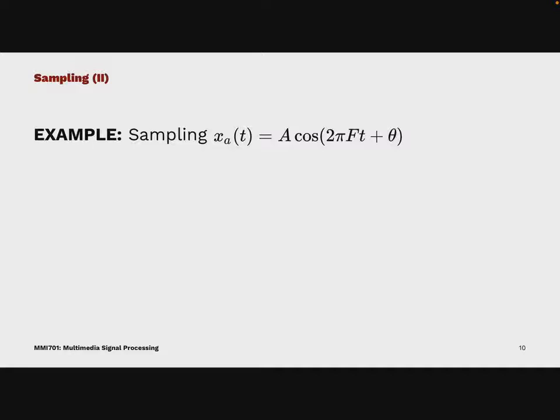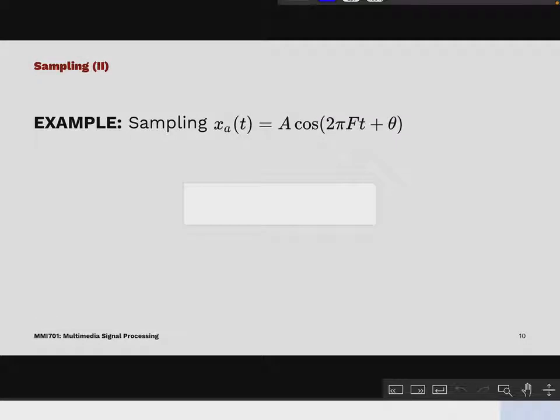But let's have a look at an example. We have an analog signal which is a cosine 2 pi f t, so that's an analog signal which has a frequency of f, as you may remember, and a phase offset of theta. And we want to sample it.